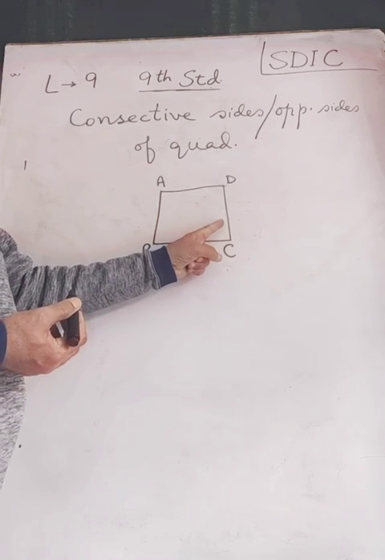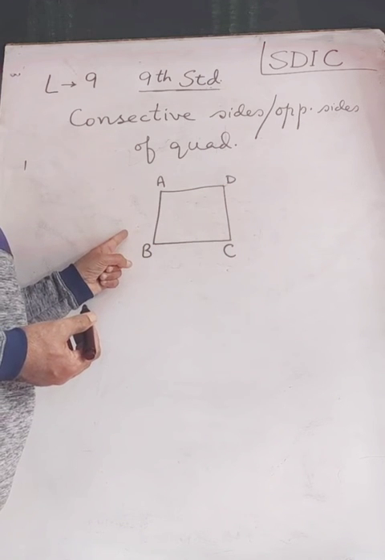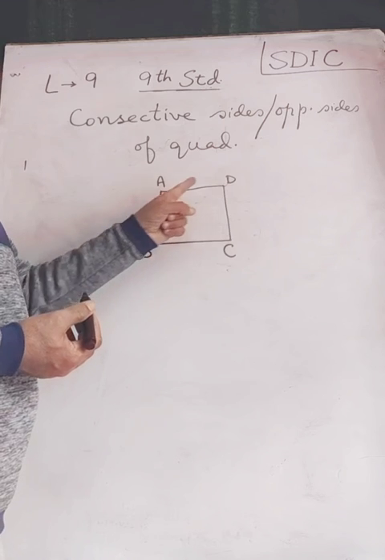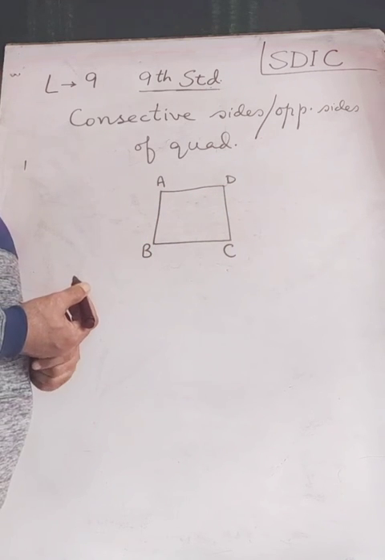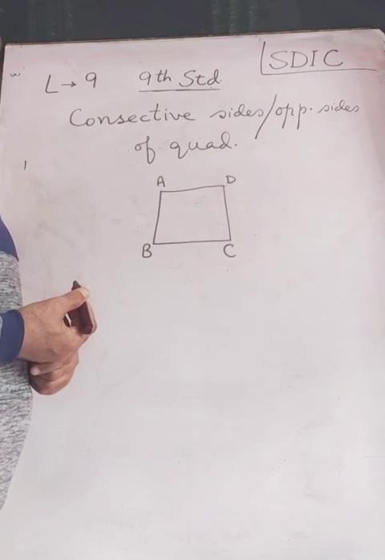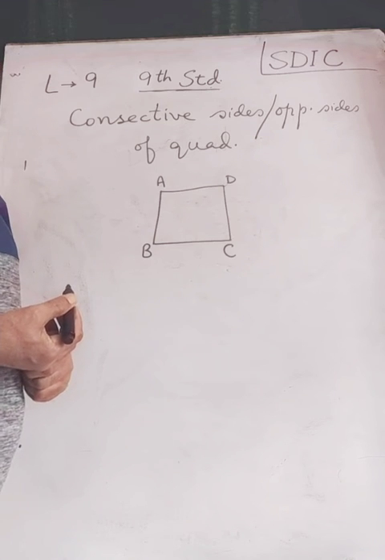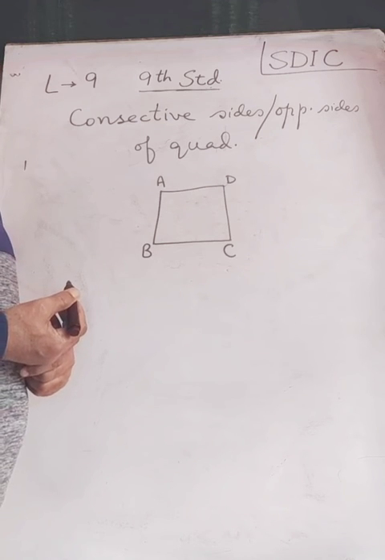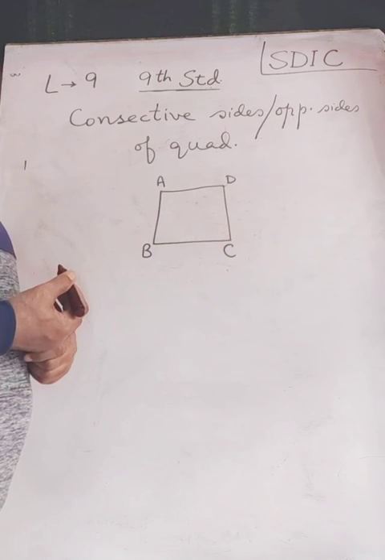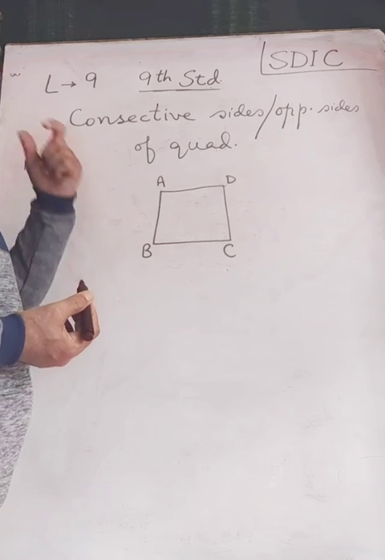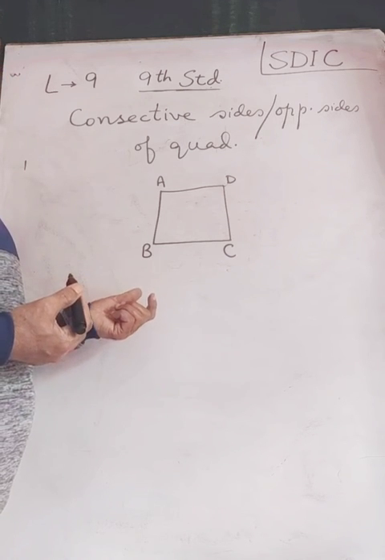There is only one such side, CD, which does not have any endpoint common with AB side. AB and CD therefore are opposite sides. AB and CD are opposite sides. BC and AD are opposite sides. Whereas if one endpoint is common, then those are called as consecutive sides.